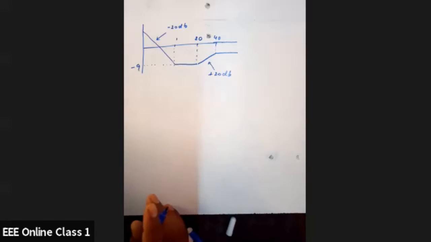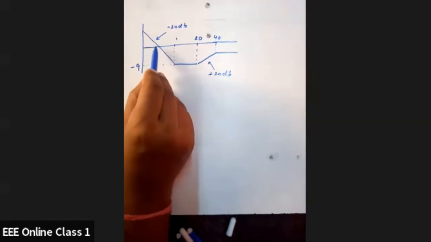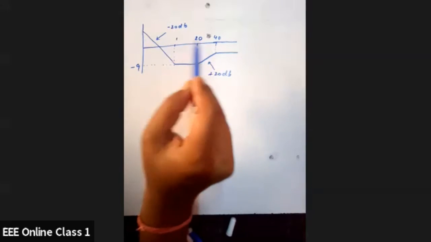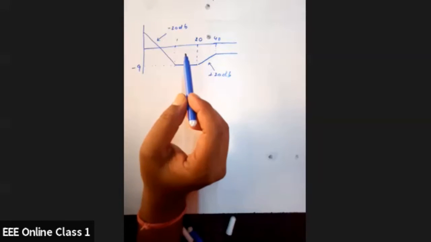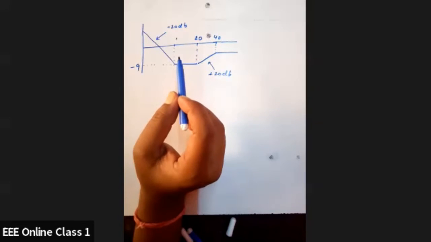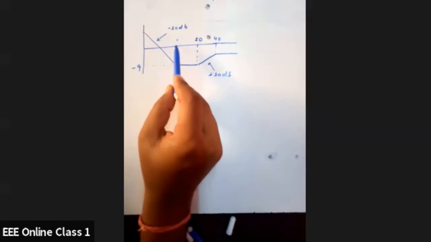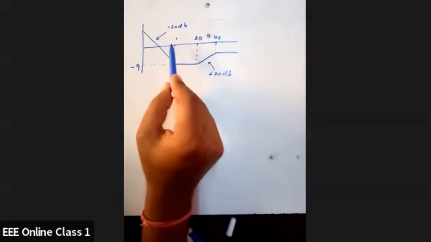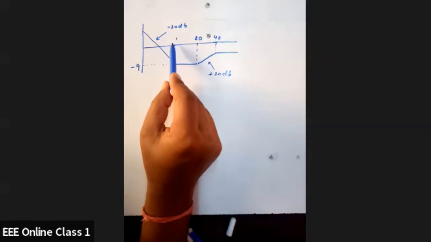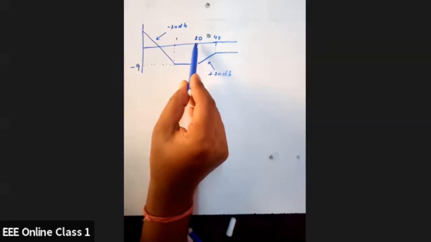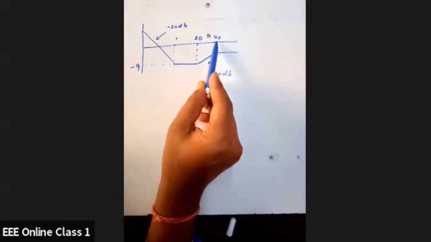We have four slopes, so we have four factors now. Three corner frequencies are given. So omega 1 is 1, omega 2 is 20, and omega 3 is 40.